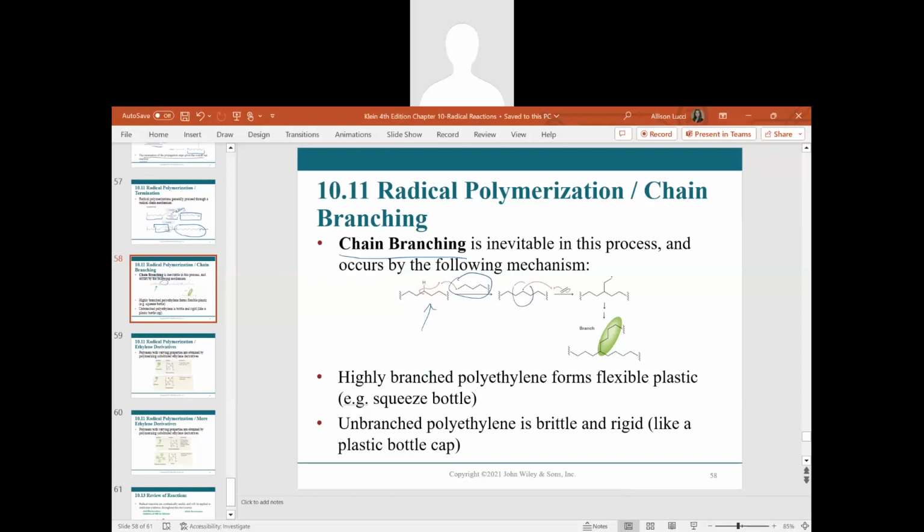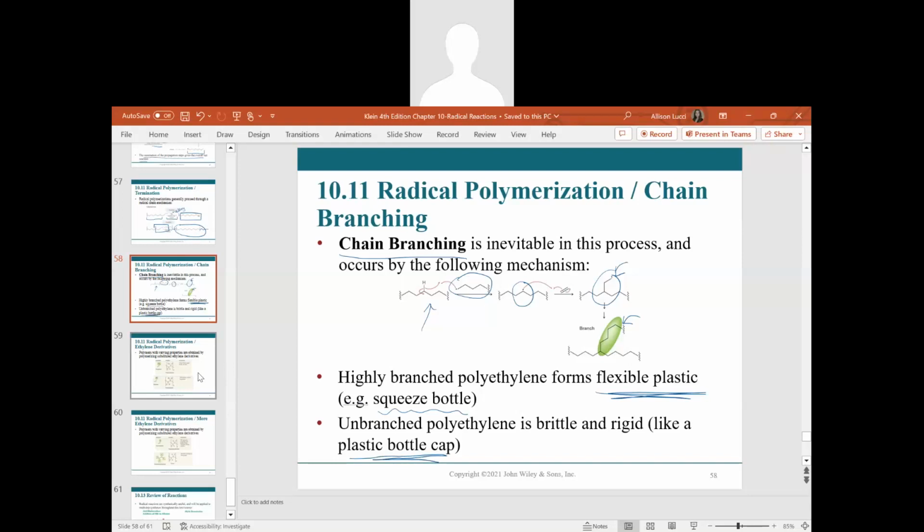That generates this radical site for that ethylene pi bond to be broken, and then addition in this fashion, and then a new radical there. The branch continues. So whether or not we want a flexible plastic product like a squeeze bottle, you may want to have a highly branched polyethylene polymer, or if you want a more brittle or rigid, like a plastic bottle cap type plastic, then you would want that unbranched polyethylene polymer to form.